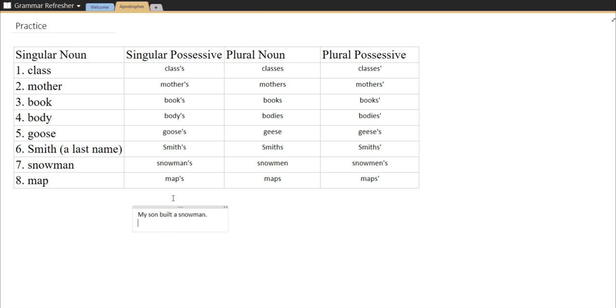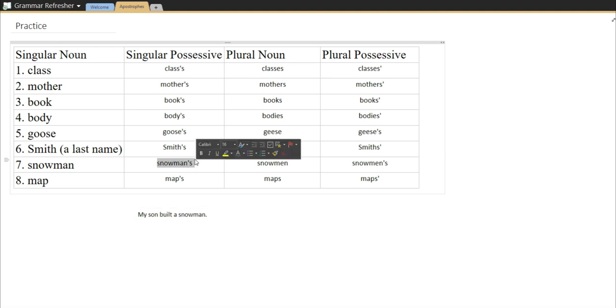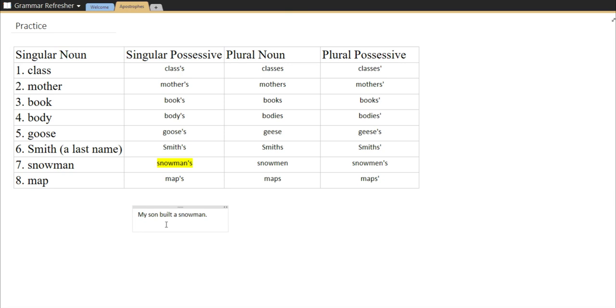Next word, I have the singular version of snowman, and I've made it possessive with an apostrophe S. So I have one snowman, it's possessive. The snowman's nose was a carrot.